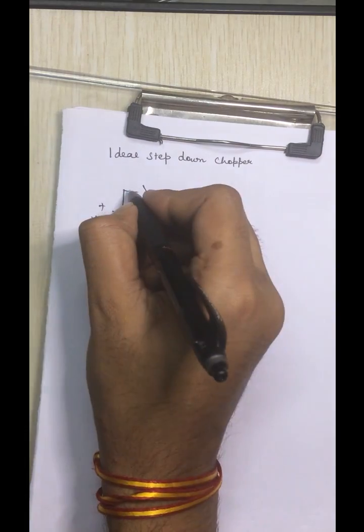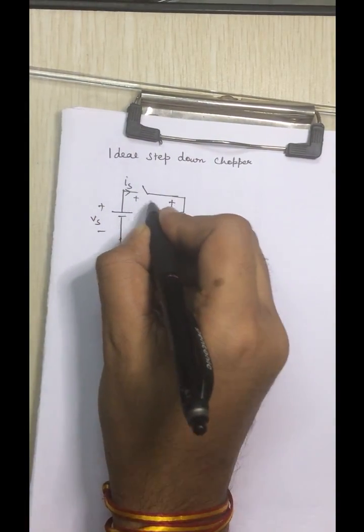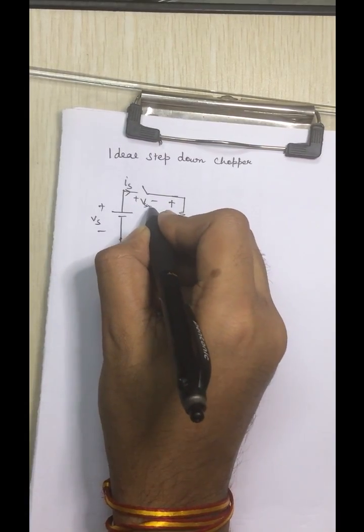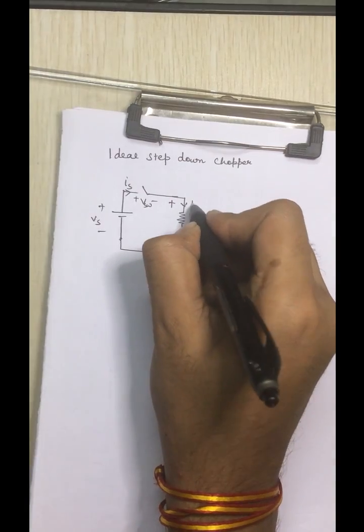Yes, this is IS, this is plus minus V SW, the switch, this is R, this is I0.